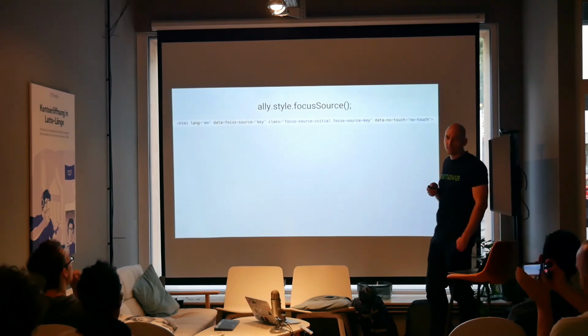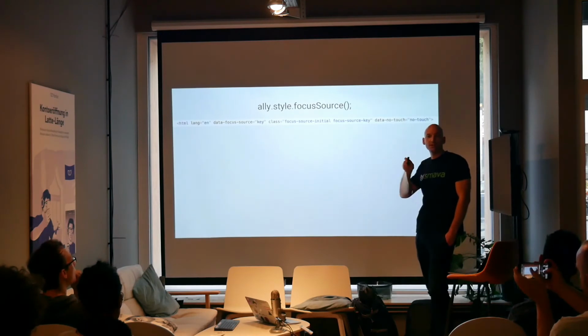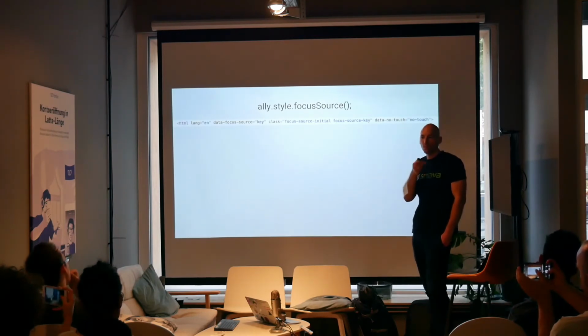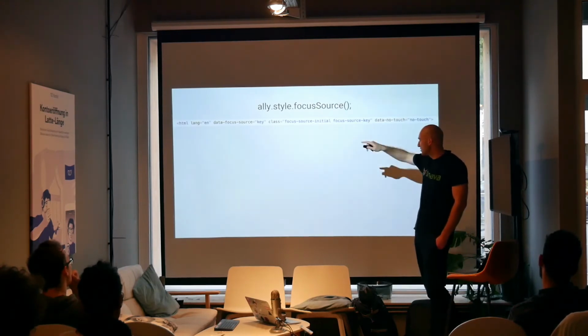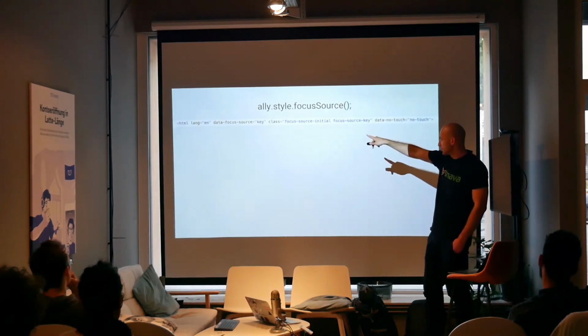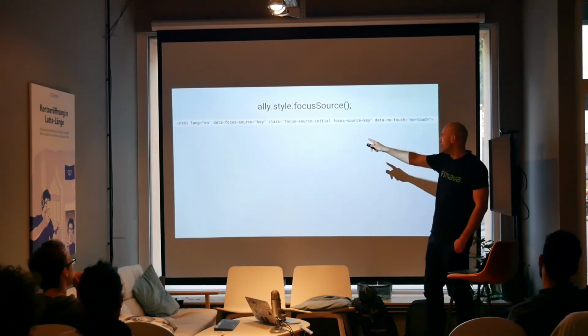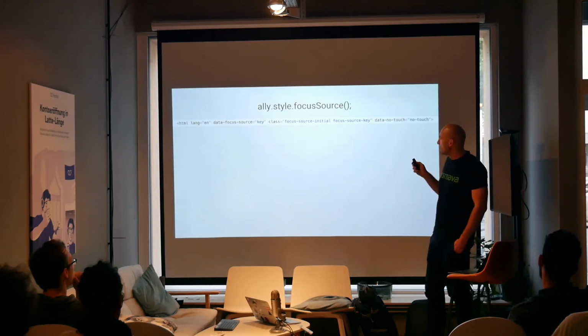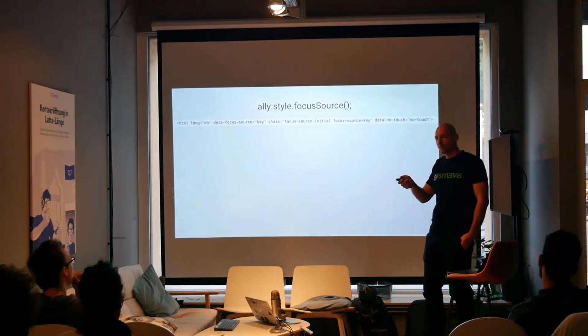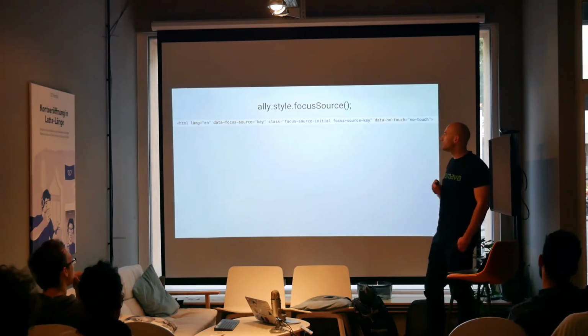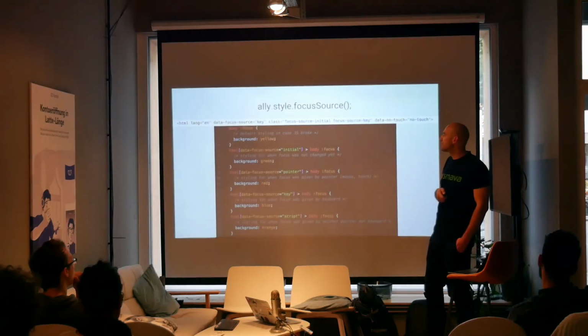It waits and listens for the navigation input types. So if you hover the mouse, it will detect that and change this data focus source key to pointer. If you use the keyboard, it will change to key. So it actually waits for the first input, and then based on the first input, you can do something like this.